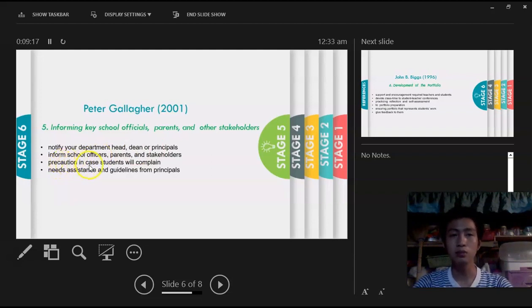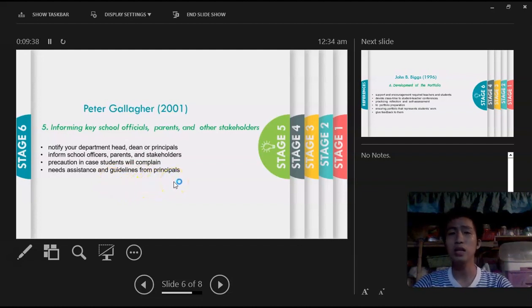The next one is precaution, in case students later complain about your new assessment procedure. The fourth one is needing assistance and guidelines from principals.